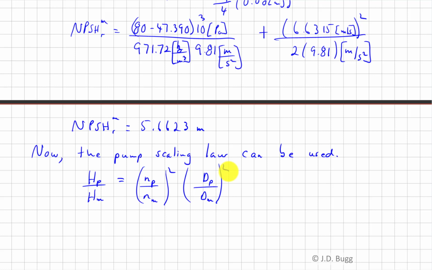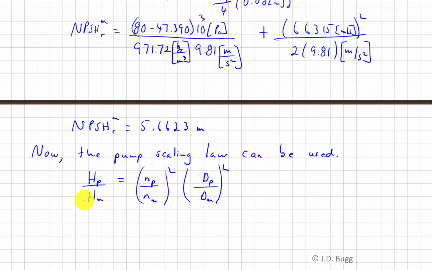This is a general scaling law that talks about a ratio of heads, and usually we use this when we talk about the head developed by the pump. But realize that the ratio of the head developed by the pumps is the same as the ratio of any two other heads. So we can use this for NPSH as well. These two heads can be a ratio of NPSH required.